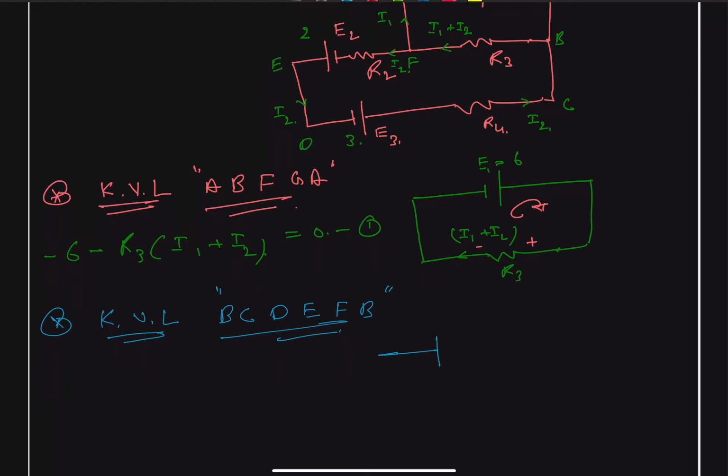So we have a E2, then we have our R2, and we have our R3, and a battery source, that is our E3. This is our E2, E3, and finally we have our R4.